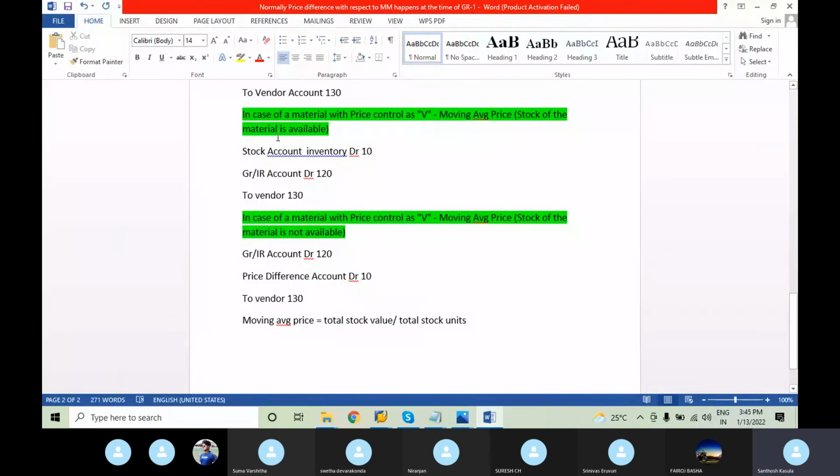If we know the stock of the material availability, we will enter it as account inventory account. If we don't know the stock availability, we'll enter it as price difference.